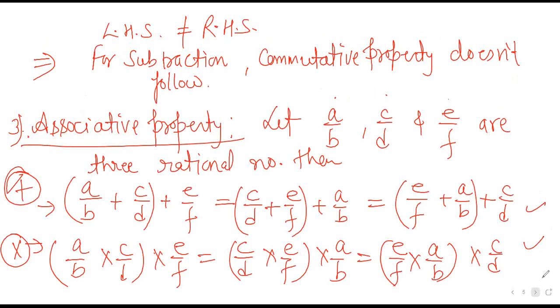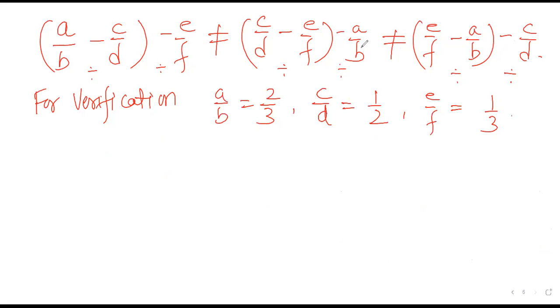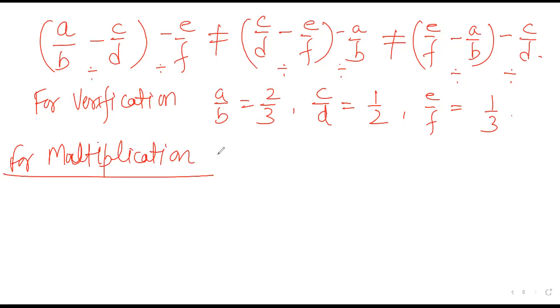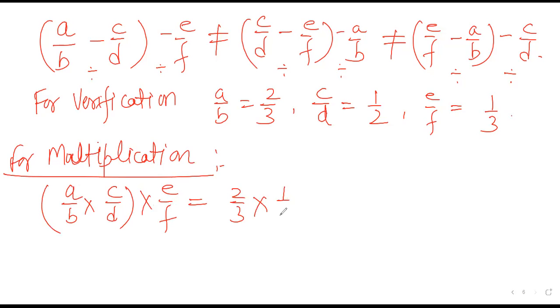So I'm doing multiplication: A upon B into C upon D into E upon F. So 2 by 3 multiply 1 by 2 multiply 1 by 3.